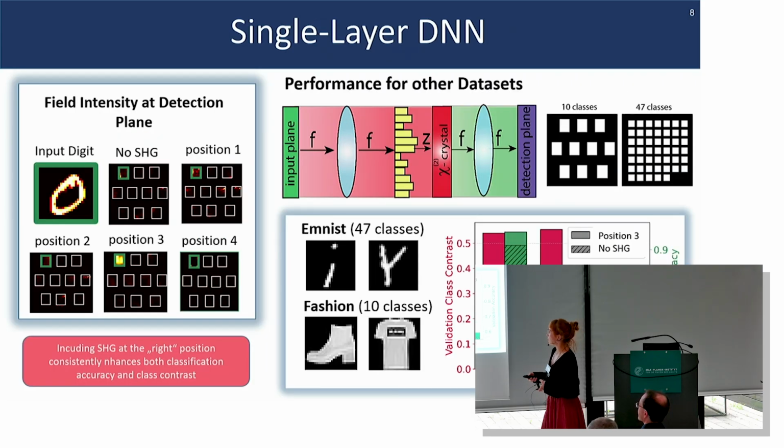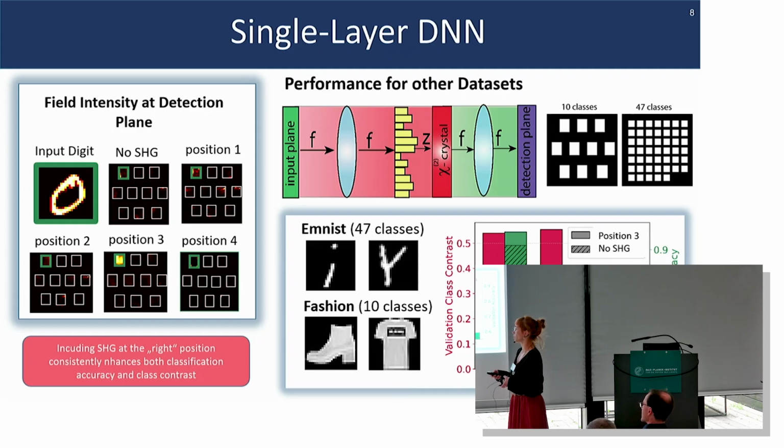Here we can see the intensity at the detection plane for the different configurations, and I think we can clearly see that for this position 3 setup we get a much better output, which is relevant in experiment, because if we have just a blurred image, it won't be measurable. So even though the efficiency is lower, it will be more robust because we can distinguish where the patches are on our detector.